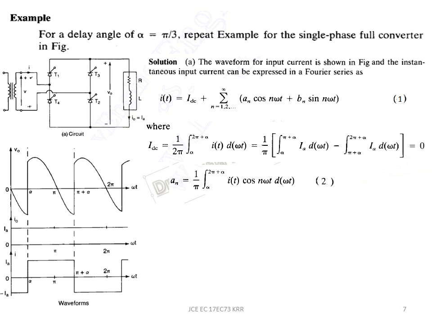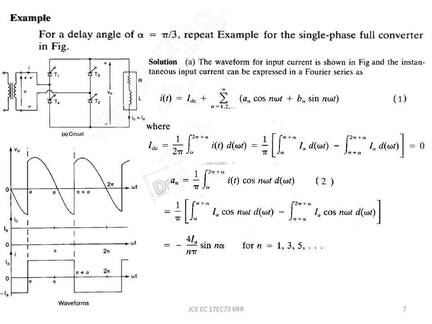And we know the an formula, we have already seen it: an is equal to 1 upon pi, integral from alpha to 2 pi plus alpha of i of t cos n omega t d omega t. Using this formula again between alpha and 2 pi plus alpha, splitting it into two parts, we take cos of n omega t inside, integrate this term, and we should get minus 4 Ia upon n pi into sine of n alpha.